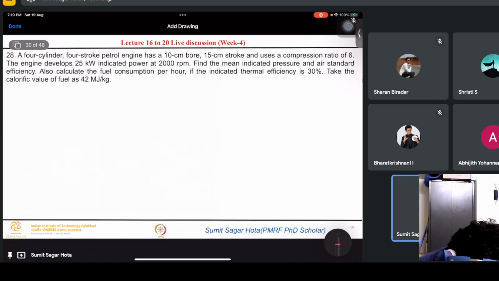Find the mean indicated pressure and air standard efficiency. Also, calculate the fuel consumption per hour if the indicated thermal efficiency is 30%. Take the calorific value of fuel as 42 megajoule per kg.